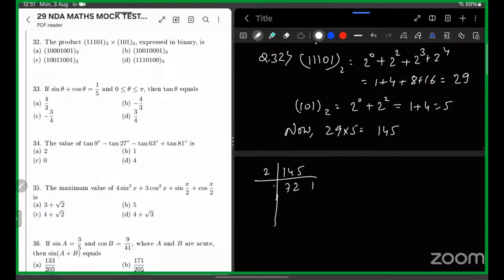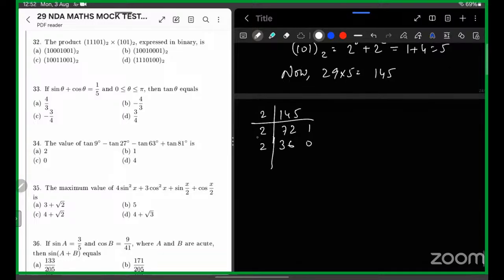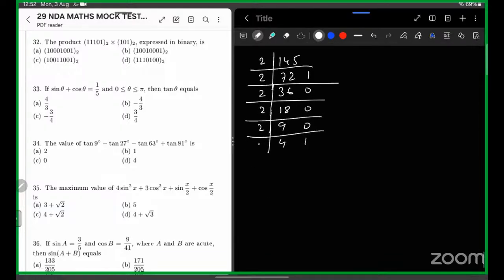I got 1 as remainder, 36, 0 as remainder, 18 again 0 as remainder, 9 again 0 as remainder, 4, 1 as remainder, 2 times 0 as remainder, 1 times 0 as remainder, 0, 1 as. Now 1 0 0 1 0 0 0 1.